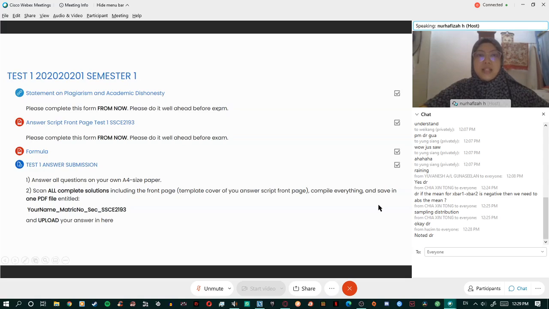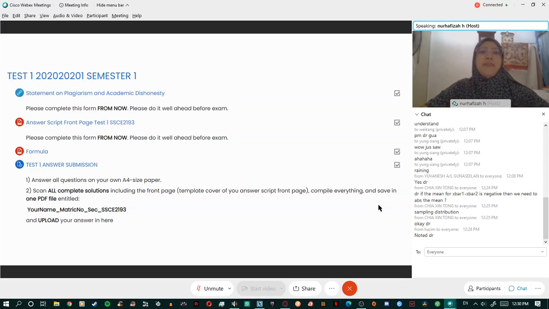Do it before the exam. If you do not complete this form, you cannot enter Test 1. I will check whether you have completed this form or not. Also, please download this answer script front page and complete it as well. Write your name, your section number, and my name as well. Please spell my name correctly.